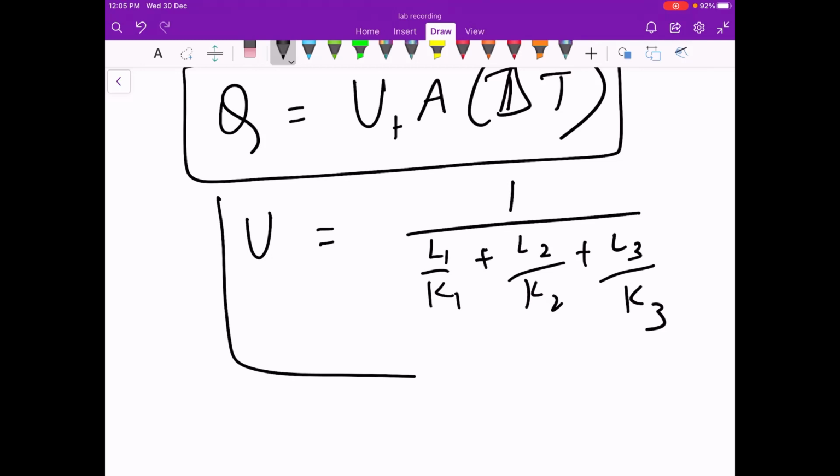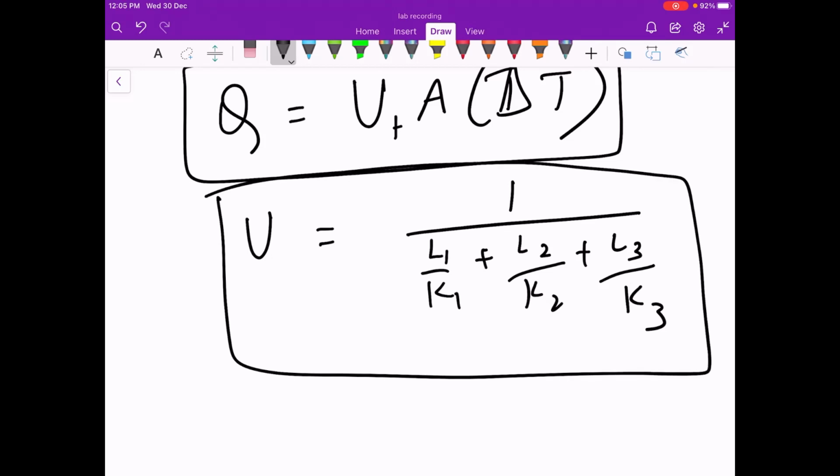So this is what U is all about. That is called the overall heat transfer resistance if you don't have any heat transfer coefficient associated with it. If you have a heat transfer coefficient, we will call it the overall heat transfer coefficient. So U is equal to 1 divided by L1 by K1, L2 by K2 and L3 by K3.